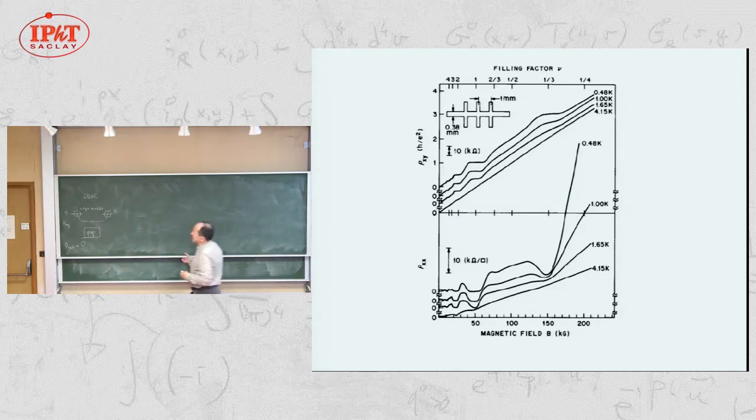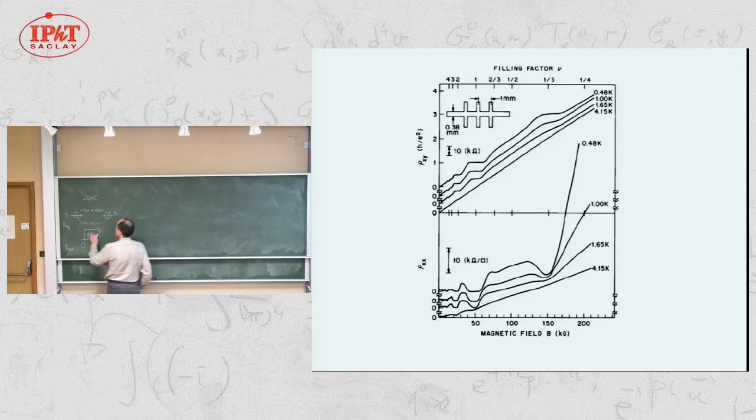So this gap is the cyclotron gap in the case of the integer quantum Hall effect. We have higher levels that are empty, and this is the cyclotron gap that we can draw here on the bulk picture: the cyclotron gap h bar omega c in the bulk.